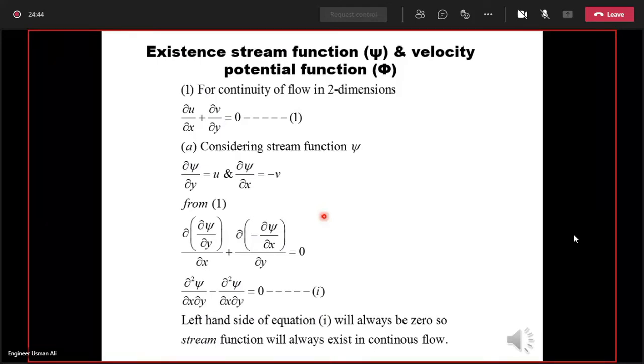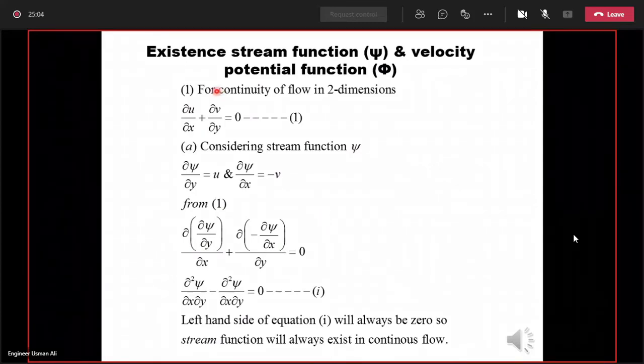So we have to see that when the flow is continuous, which of the stream function or velocity potential function must exist. Similarly, in the case of irrotational flow, out of the stream function and velocity potential function, which will be the must existence. So this is what we have to check.